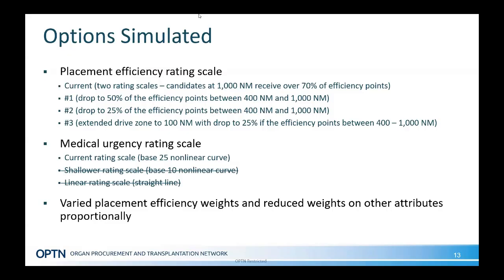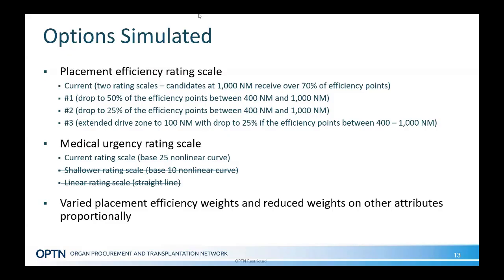But there's also a way to change the car without everyone noticing, right? You can change out the engine, potentially, to increase or decrease the performance. And that's the second way that we can change placement efficiency. We refer to that in this allocation schema as a rating scale. So how are those 10 points distributed depending on the distance between donor and recipient?